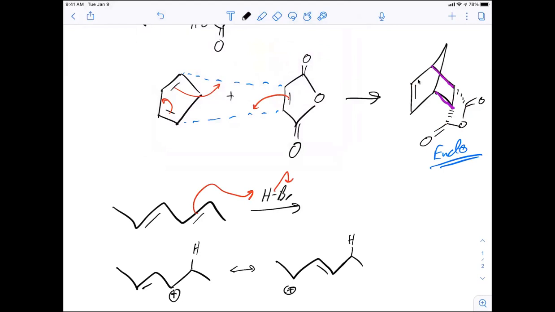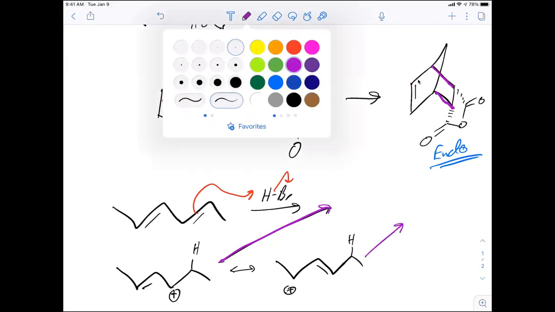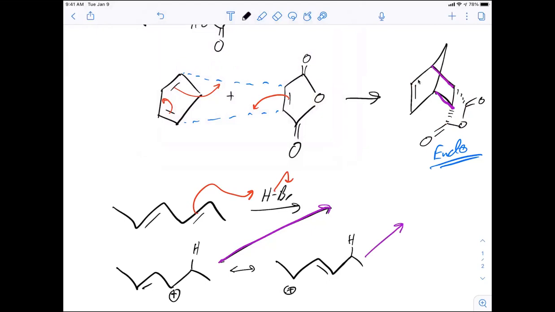Each of those will give me a bromide. So let's pick a different color. We're going to add the bromine to one and then bromine to the other. And so my two possible products here will be the bromine in the middle, this one, and then the bromine towards the end.